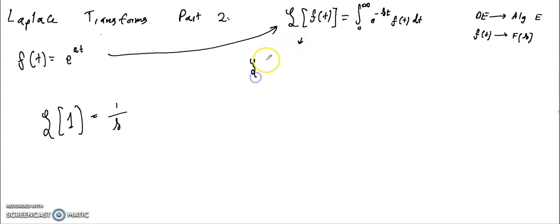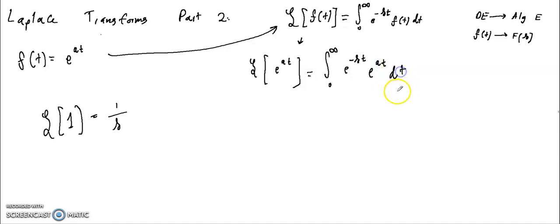So the Laplace transform of e to the at equals the integral of e to the minus st, and then f of t is e to the at, dt.